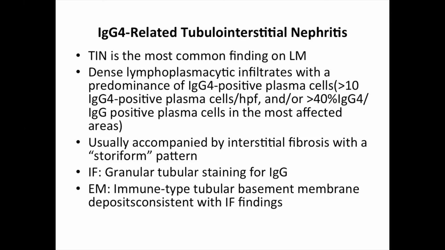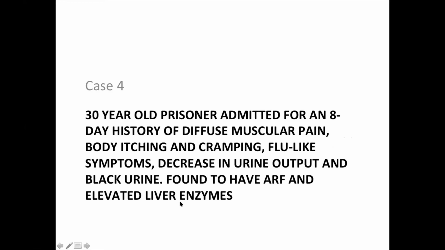We have approximately 23 minutes left and we are on our final case. Okay, this one is very nice. You guys are going to like this one. This is a 30-year-old prisoner. He got admitted with an 8-day history of diffuse muscular pain.